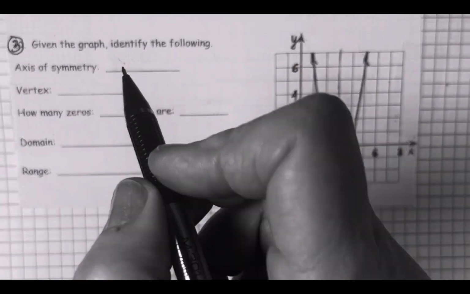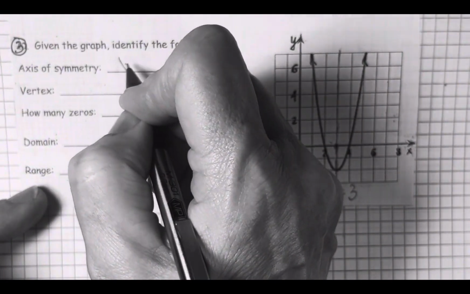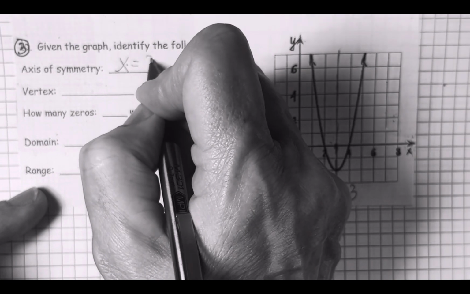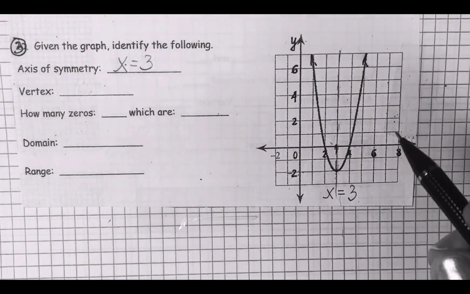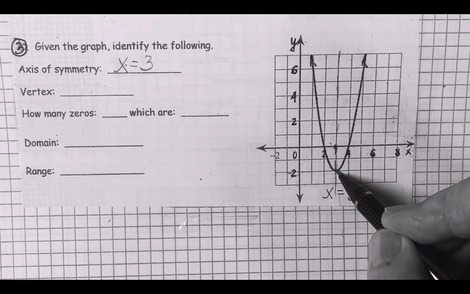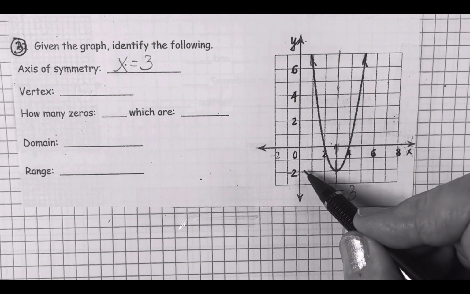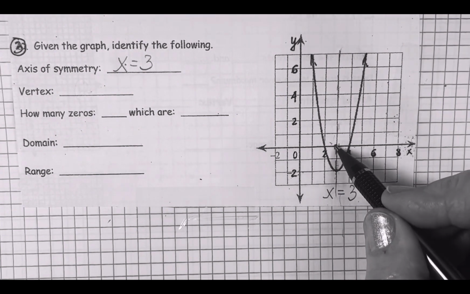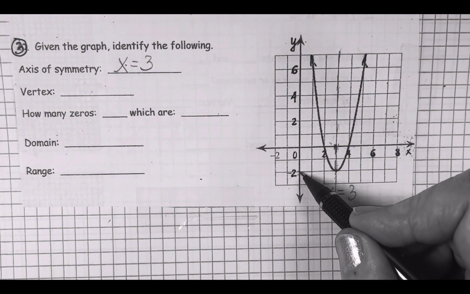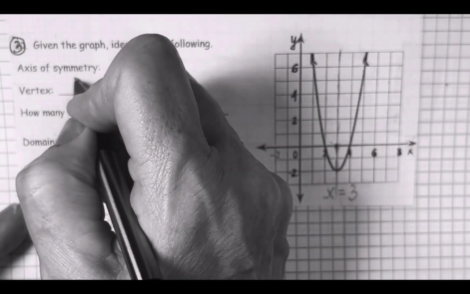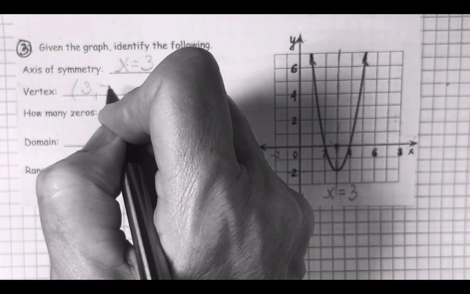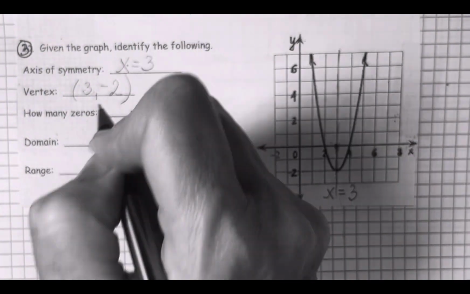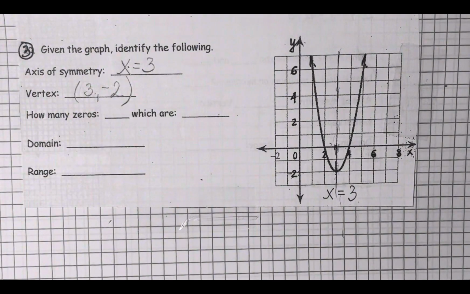We're going to write down the axis of symmetry, x equals 3. Next, we need to find the vertex. That point of the parabola called the vertex has 2 coordinates, for x and for y. As we notice, x equals 3, y equals negative 2. We're going to write down 3 and negative 2 as the ordered pair of the vertex.